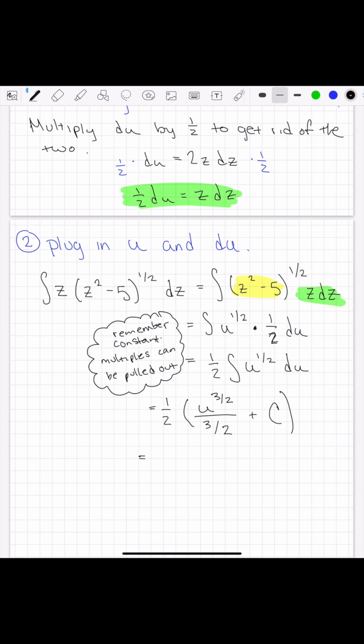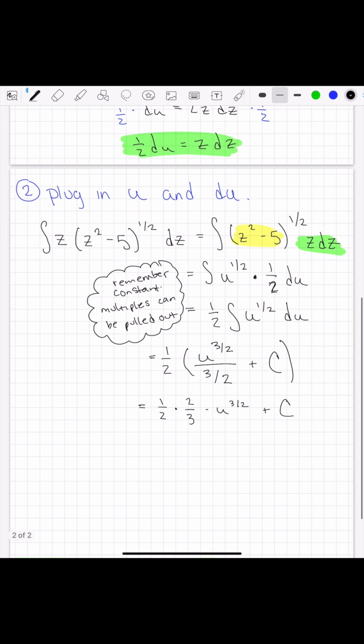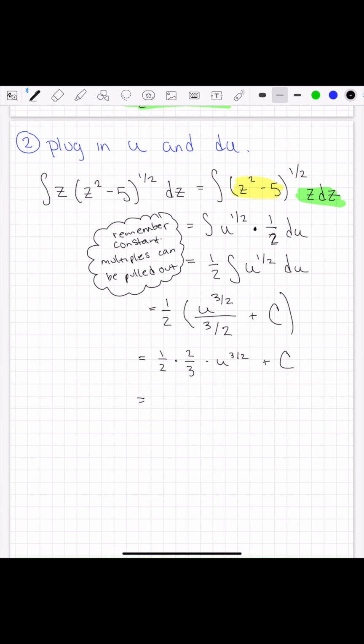Remember that we don't divide by fractions, we multiply by their reciprocals. So I just flip the denominator over to bring it out of the denominator. Then 1/2 times c: c is any constant, and 1/2 times any constant is still a constant, so we just keep it as c.